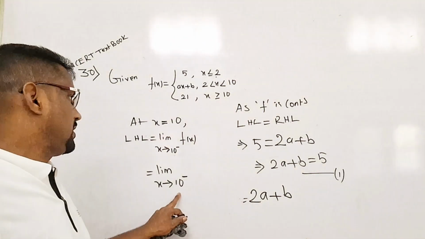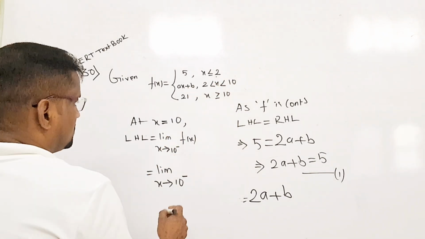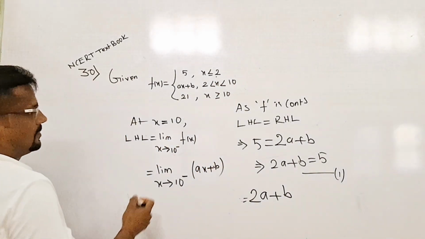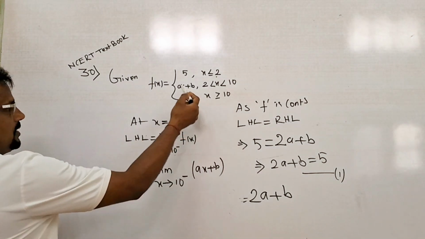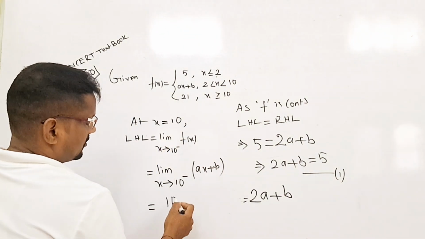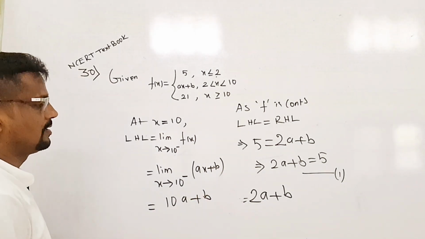This time x tends to 10 negative means x is less than 10. When x is less than 10, the value is ax plus b. Then x will take the value 10, so taking the limit, that will be 10a plus b.